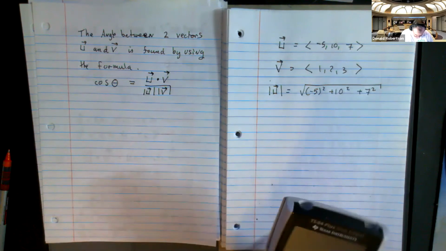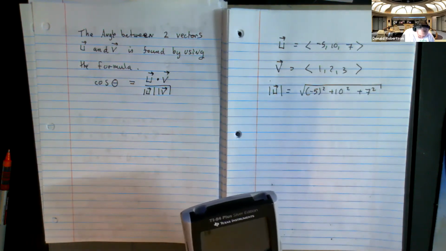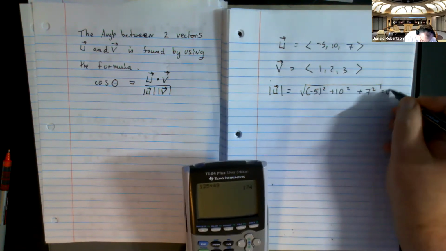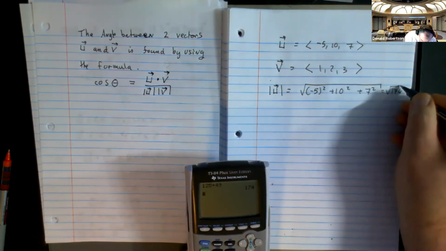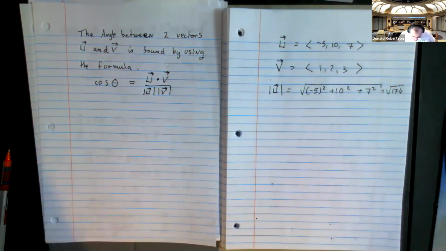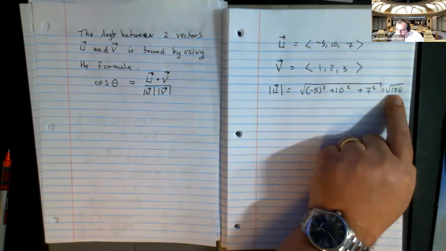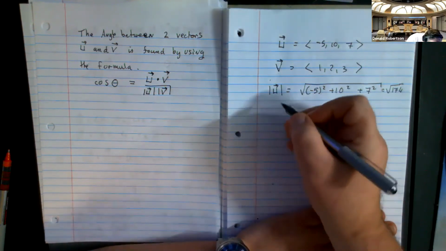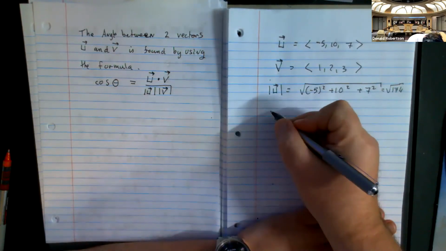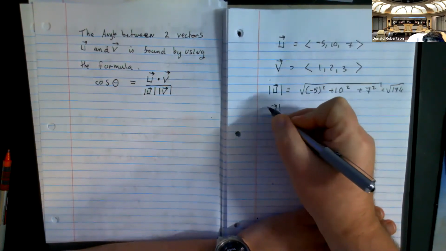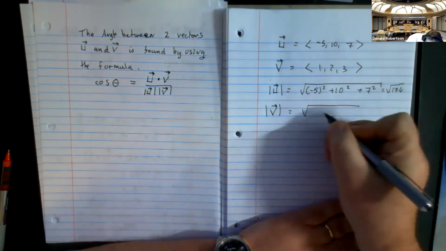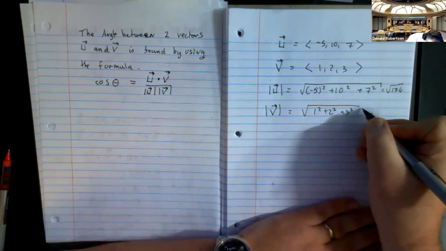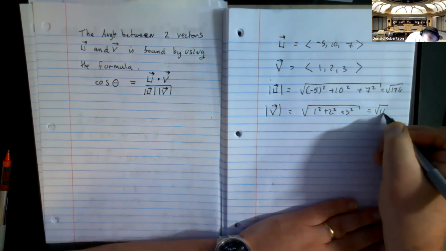I'm not risking it. 125, add 49. I get the square root of 174. You do not need to worry about making that pretty. It might simplify, it might not, doesn't matter. The formula doesn't really care. This one is going to be 1 squared plus 2 squared plus 3 squared, which I believe is the square root of 14.